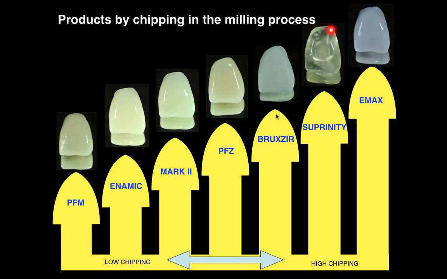Then Suprinity is much better. The best material would actually be Mark II, because Inamic is the best. Porcelain fused to metal, we can't really consider chipping because it's milled metal and ceramic veneered, but Inamic is actually the one which has got the least chipping of all the materials, mills the best. But Suprinity also mills very, very good as a glass type material.